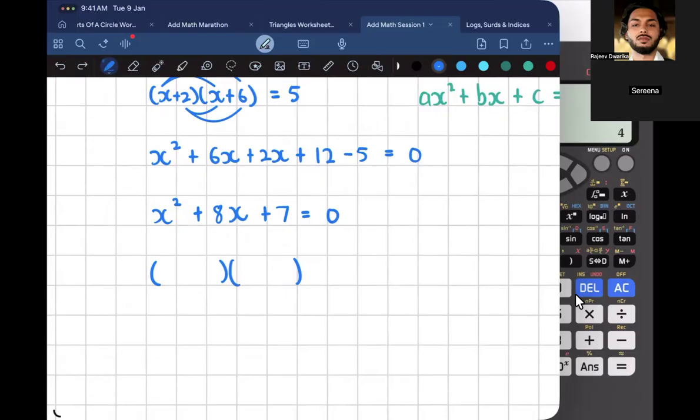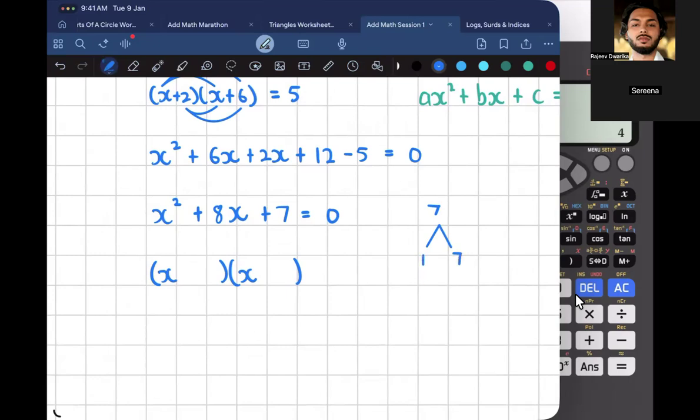So Serena, to get x squared, how would you get back x squared? X by x is x squared. Right? How would I get back positive 7? I think of two numbers you could multiply to get back 7 and add to give you plus 8. So how can I multiply to get 7? 1 by 7.